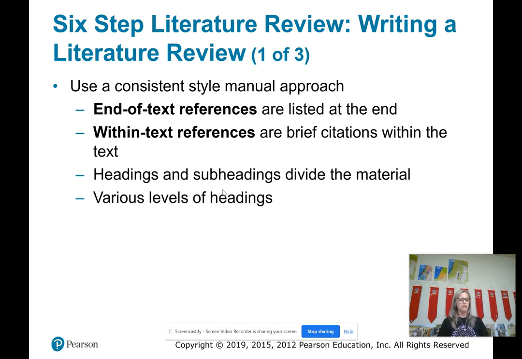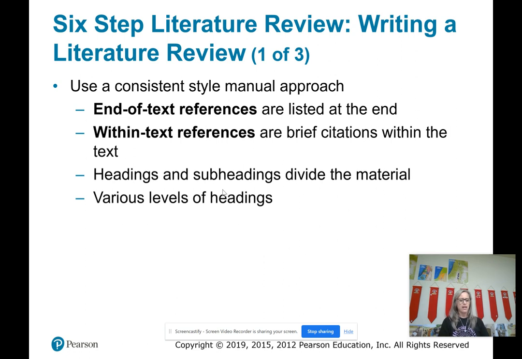So you're going to use your APA manual, and it's going to provide you with a consistent format for writing your research report. That's why we use our APA manual, okay? Now, there are different types of citations you're going to do. The first one is called end of text citations, and those are listed at the end of your report as your reference list.